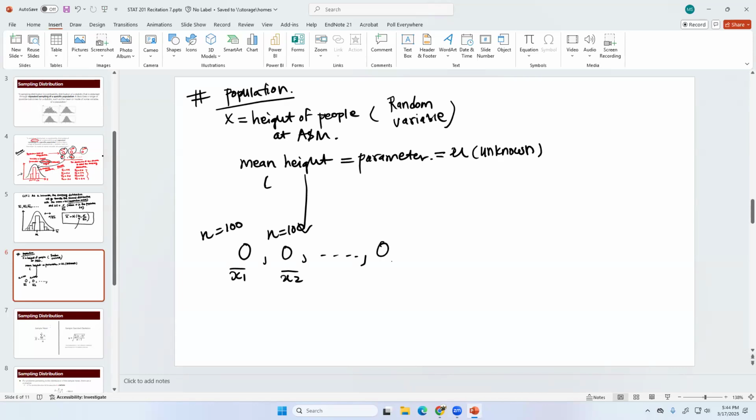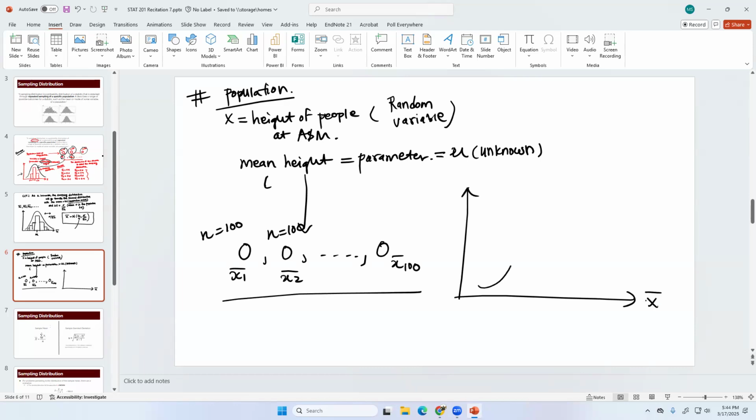Let's say I do this 100 times, and I plot the distribution of these sample means, and the center of this distribution is going to be your parameter. Okay. Does that make sense? Any questions? Is it confusing?